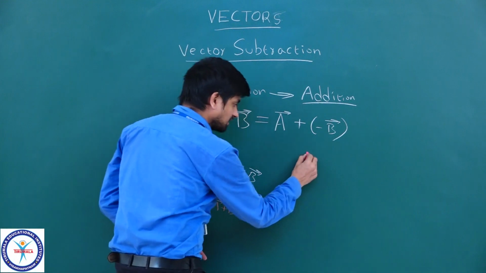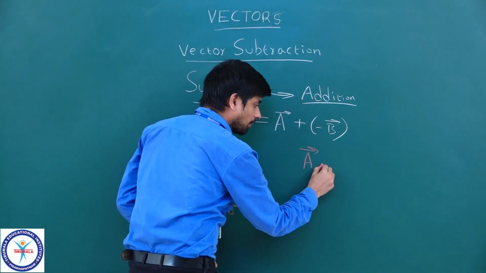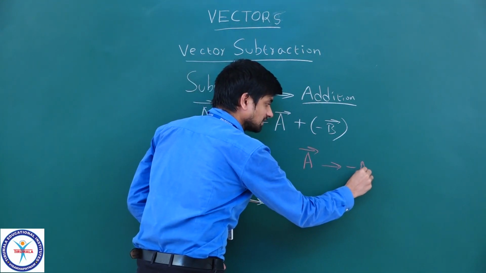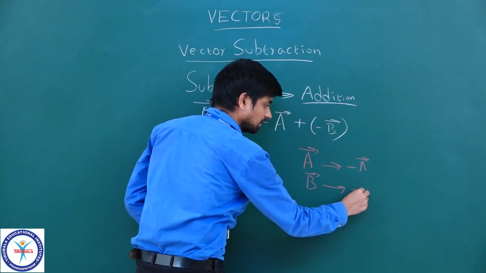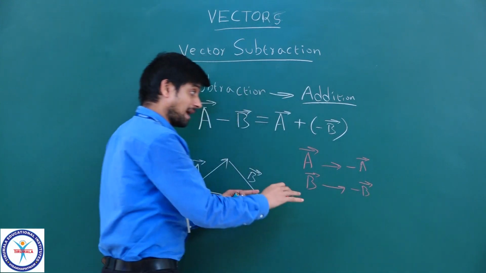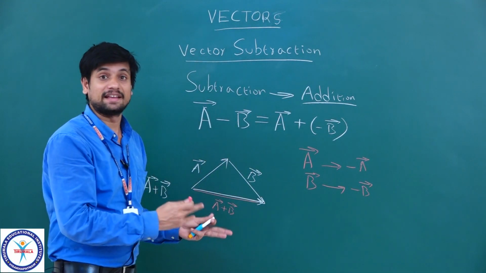If the vector A is there, its opposite vector is minus A bar. B bar is the vector, its opposite vector is minus B bar. Magnitudes will be equal, but directions are opposite.